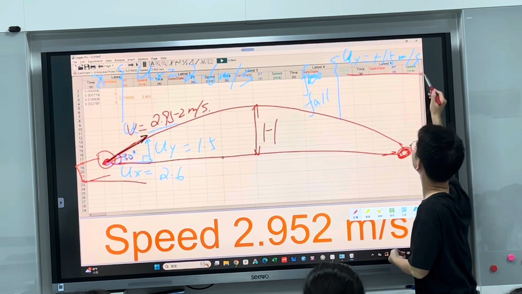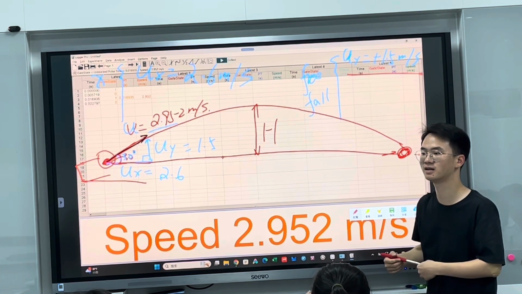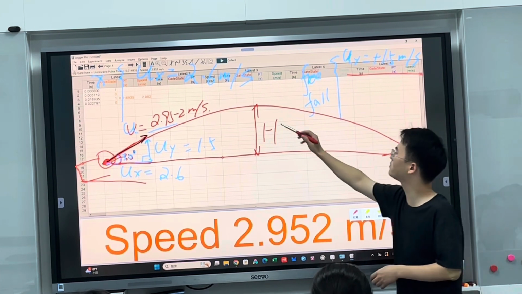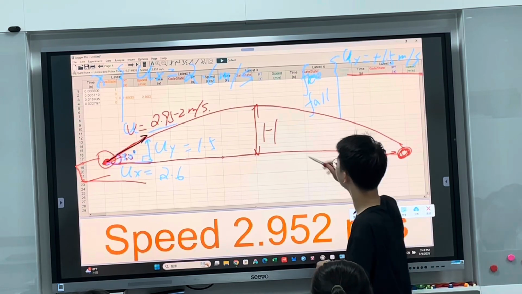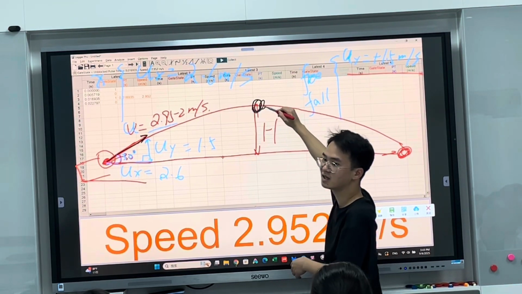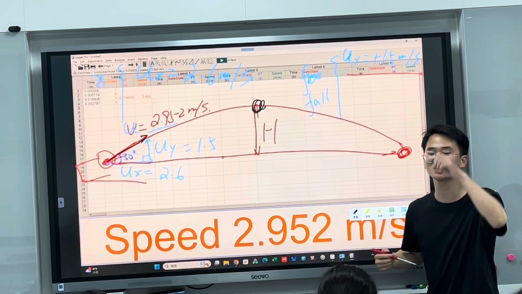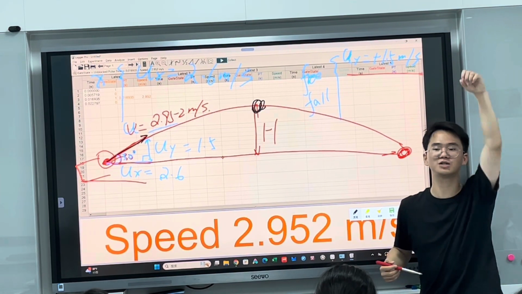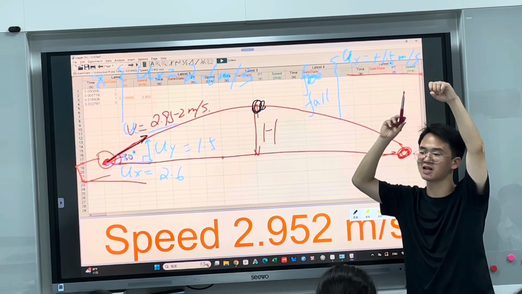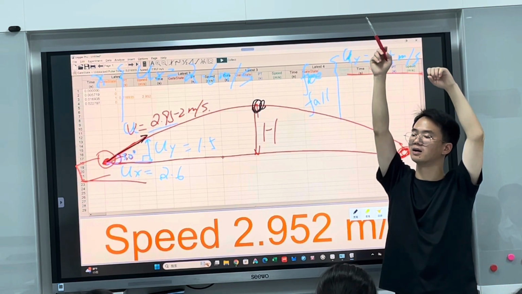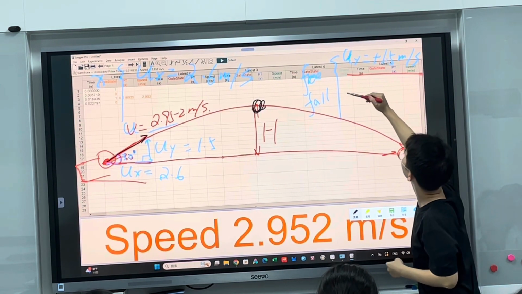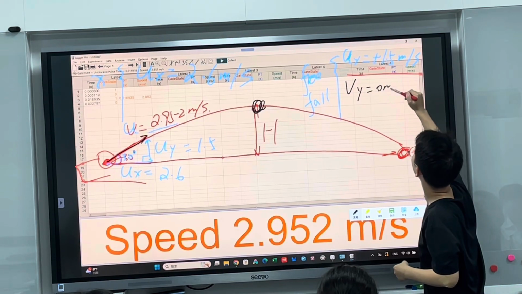We already know the initial velocity. Do we know the final velocity? 0. Yes. If we want to find the height, then the final position is here, right? So what's the final velocity in the y direction? It must be 0 in order to reach the maximum height, because if it's not, it was still going up. So vy equals 0.